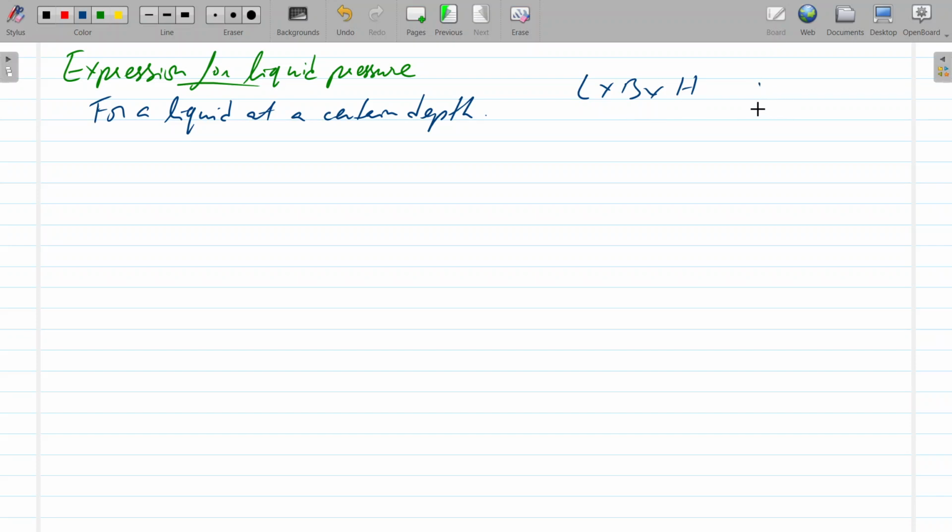Right? So let's say, assume this is three-dimensional, and this is the base of whatever liquid you're measuring.